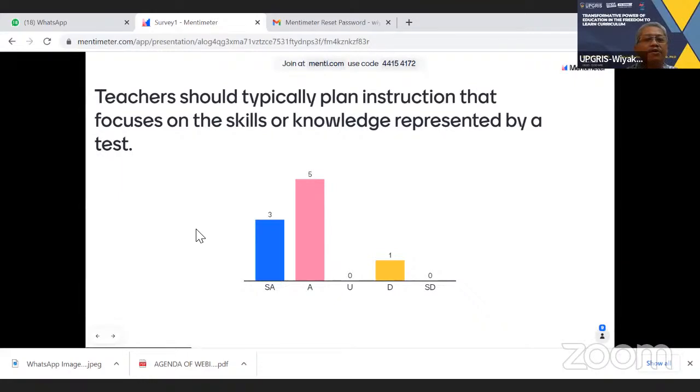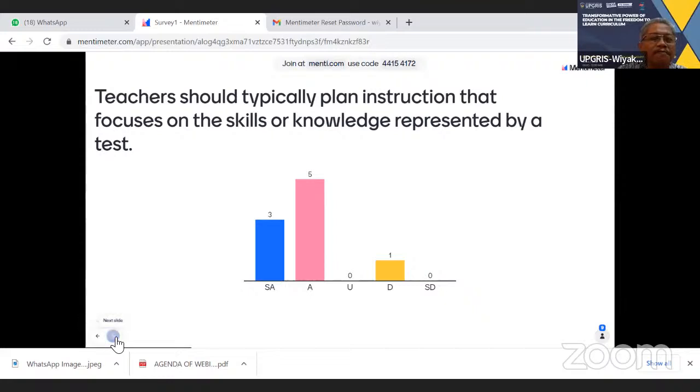That's why you must agree to this statement that the instruction should focus on the skills and knowledge represented in the test. But do not put it backward, that you teach your students about the test items while you forget the required skills and knowledge of the curriculum.